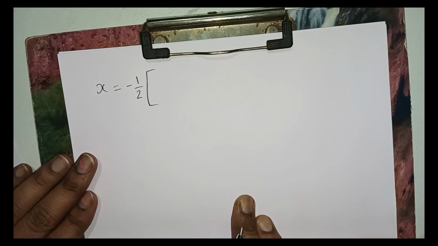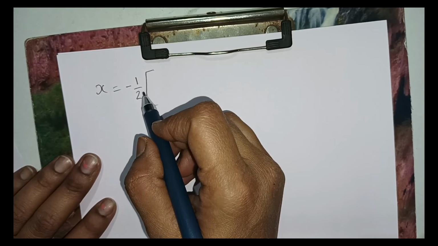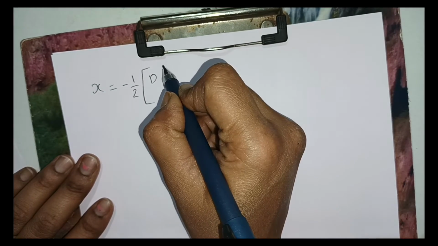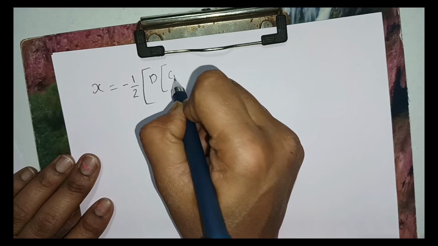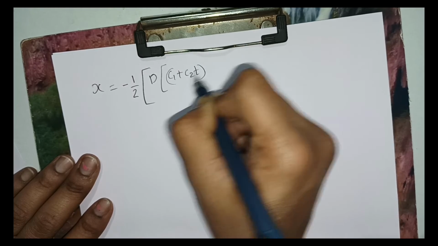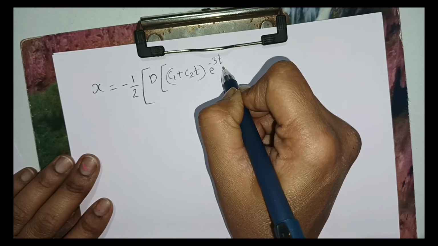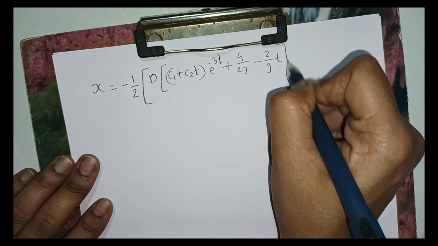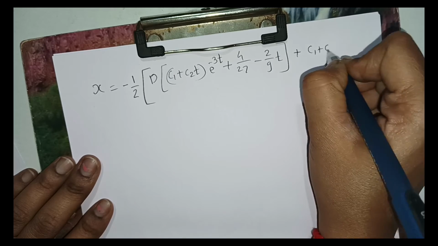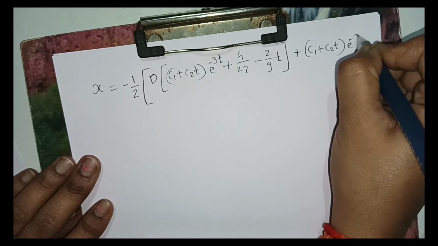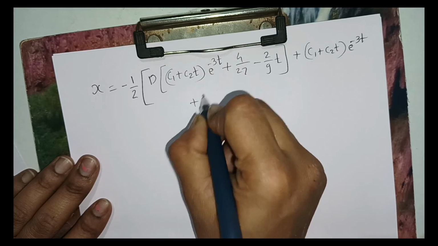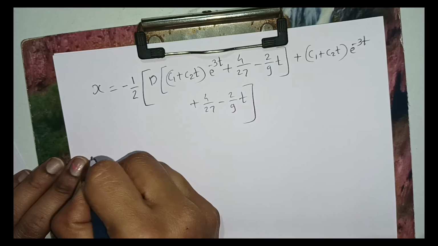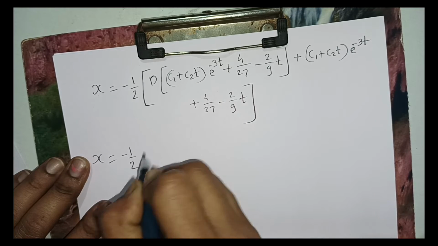Keep this minus 1 by 2 constant as it is and take the derivative of the inside function. So this is D of (c1 plus c2t) e raised to minus 3t plus 4 by 27 minus 2 by 9 t, plus the function as it is, (c1 plus c2t) e raised to minus 3t plus 4 by 27 minus 2 by 9 t. So x is equal to minus 1 by 2, which is constant.